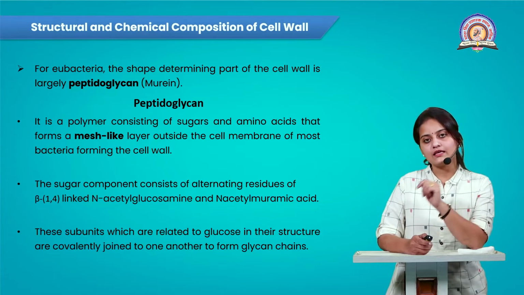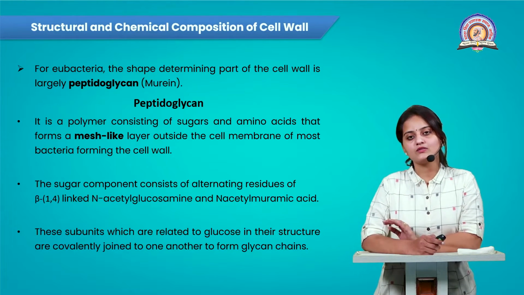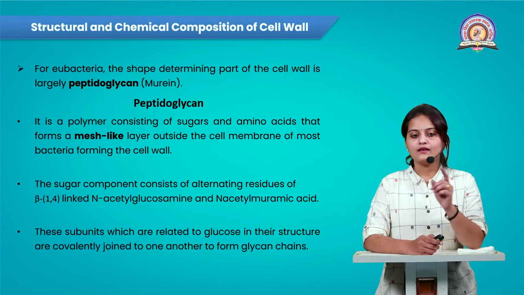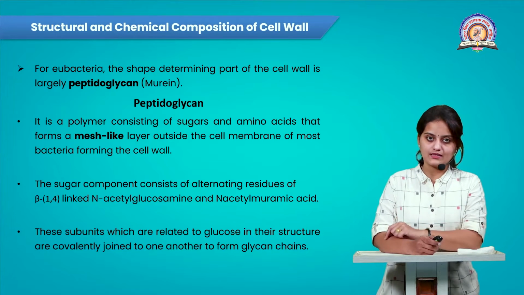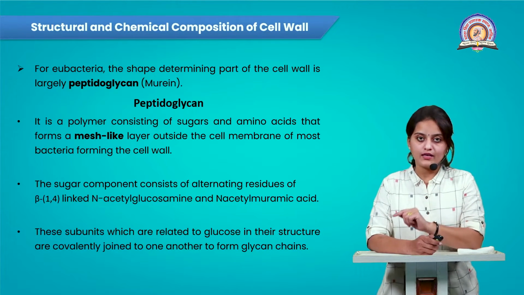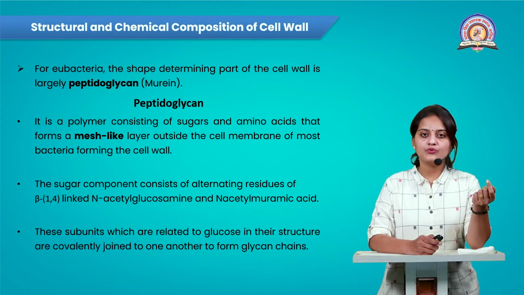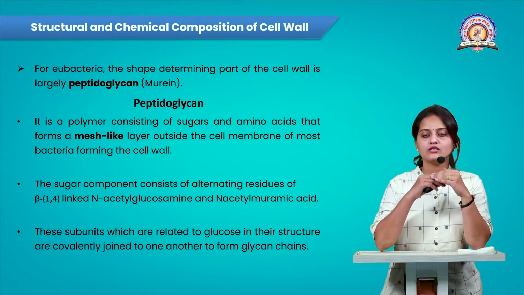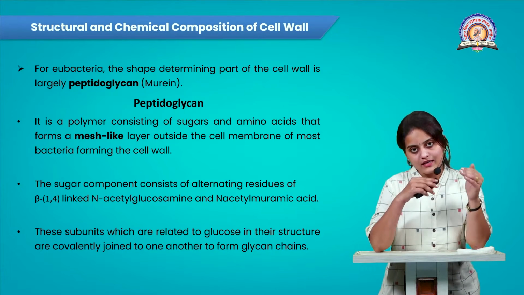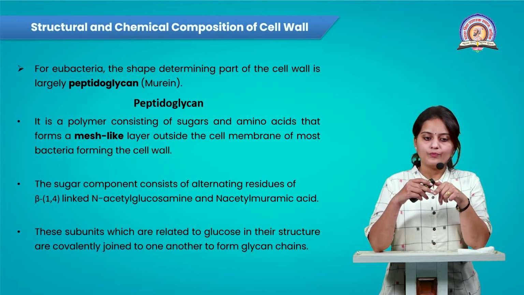So let's see the structure of peptidoglycan. Peptidoglycan is made of N-acetyl glucosamine and N-acetyl muramic acid, linked by beta-1,4 linkage. Through that linkage they create a mesh-like structure surrounding the bacteria.